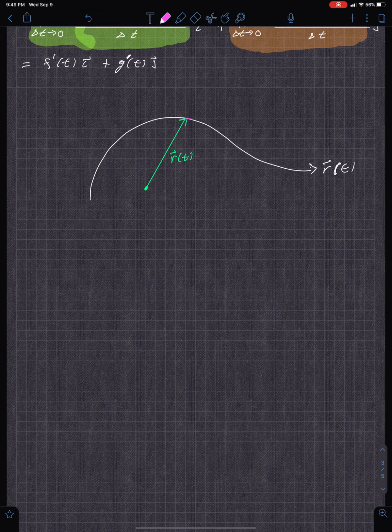So it ends up being tangent to the curve right there. I'm just going to throw it out there right now. So that's what you get when you do r prime. Then we'll talk more later.